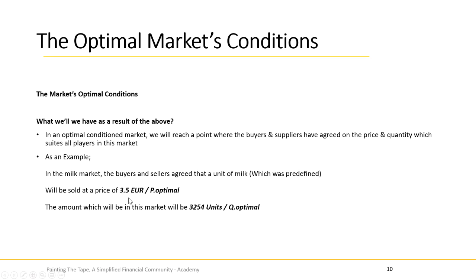Example here. Let's say that 1 unit of milk, which will have to be predefined, of course, will be 3.5 euros, which is our optimal price point, and 3,254 units, probably liters, or ounces, doesn't really matter, which is our optimal quantity.